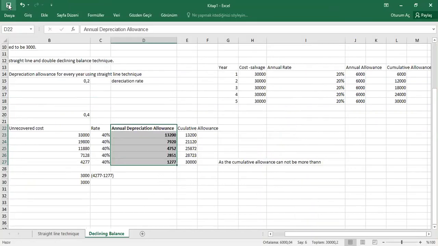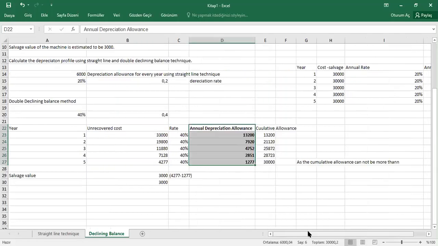Any questions regarding that part? Any questions? No? Benim yok hocam. Okay. Is it clear? Does it make any sense what we are doing for depreciation and the depletion thing?